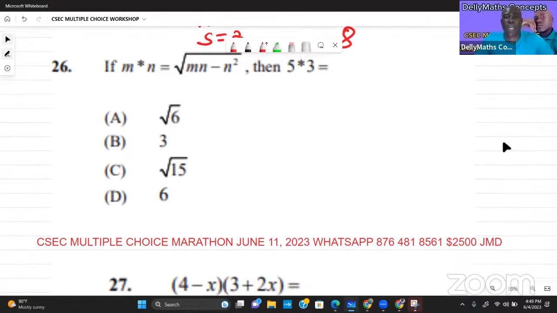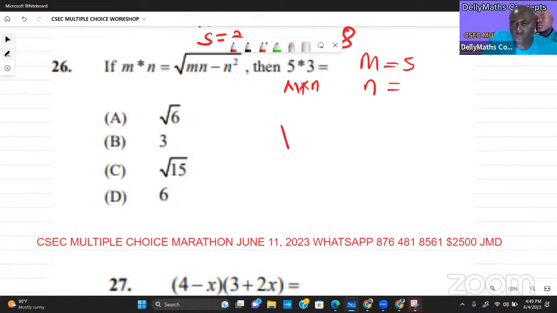If M asterisk N is the root of Mn minus N squared, again, M asterisk N. So you're seeing where the M is 5 because it came first, and the N is 3 because it came after, right?